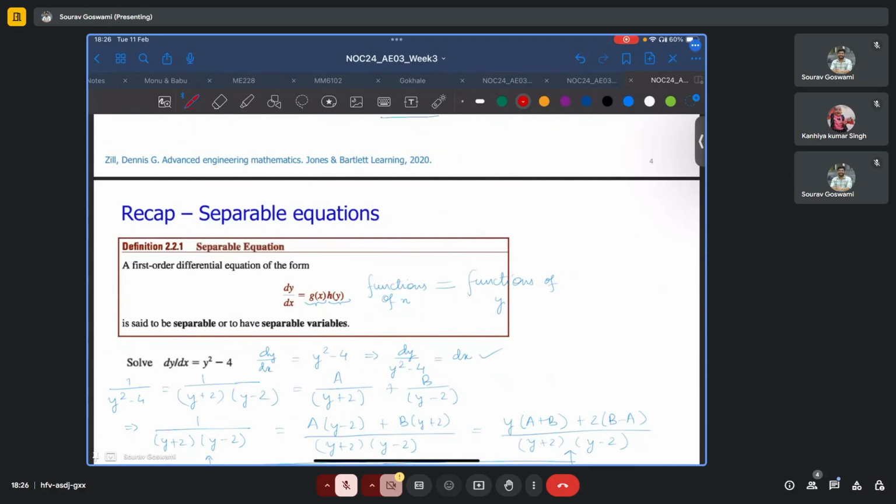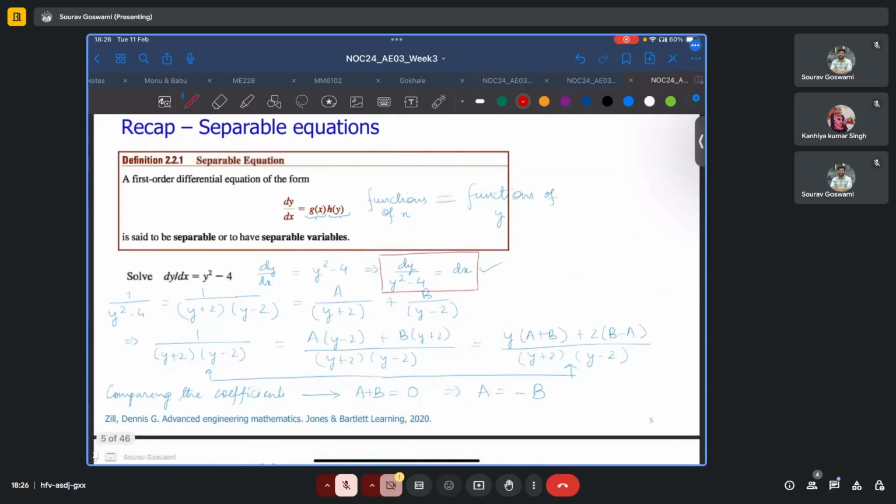And why is that? That is because right at this very first step, when we brought the equation to this form, we should have taken care to write that this holds only for y not equal to plus minus 2.